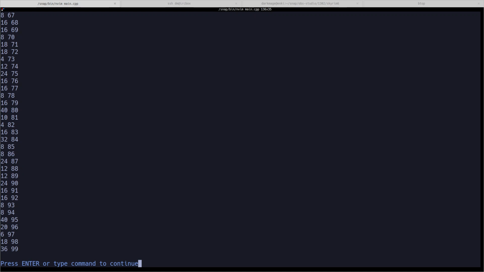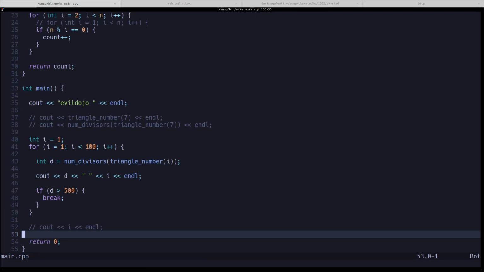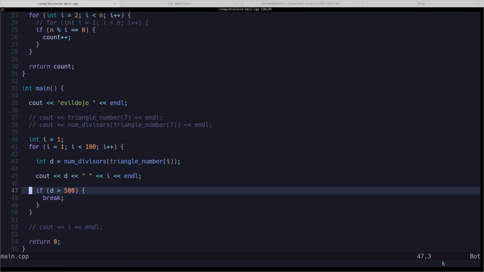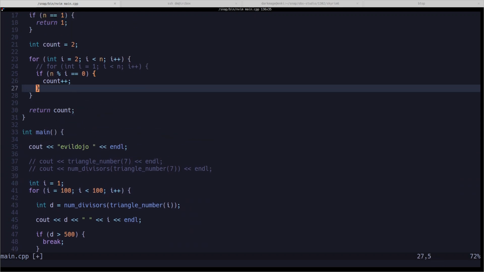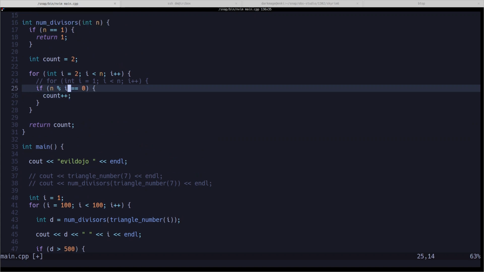So, the 99th triangle number has 36 divisors. Okay. So, mod is expensive, right?